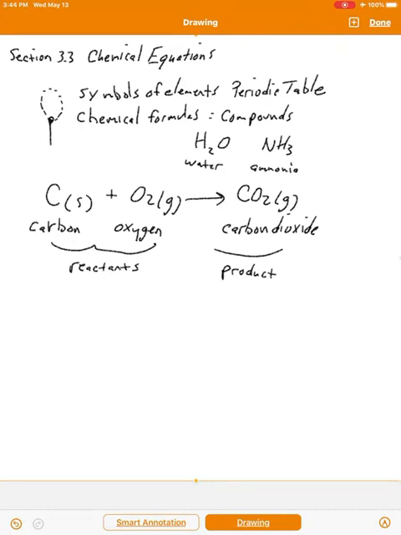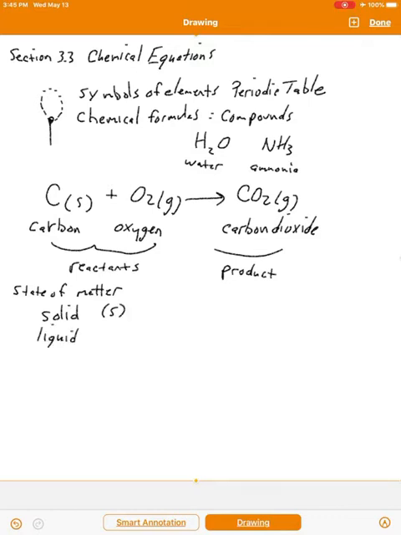Now you'll note that there are some letters in parentheses next to the symbols and formulas in this equation. This is a way of indicating the state of matter. So if carbon is a solid substance, we put S next to it.